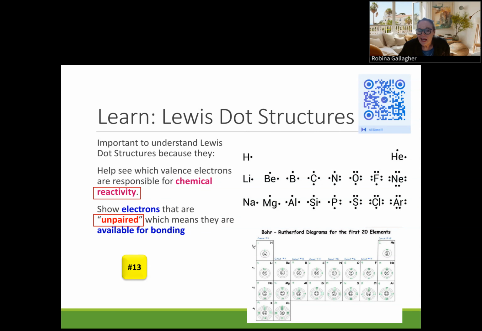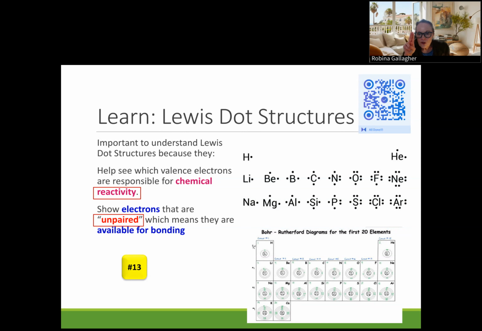Or if it's got like 7 and it's super close to being a full valence shell. So it helps us understand the chemical reactivity of each element. And again, it shows us unpaired electrons that are available to bond, okay?